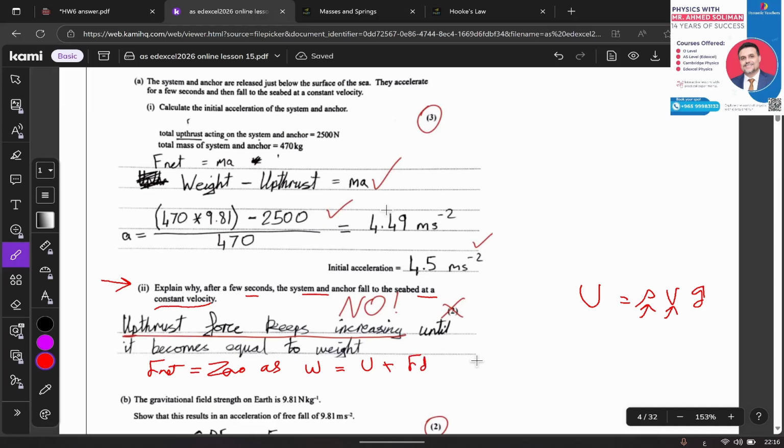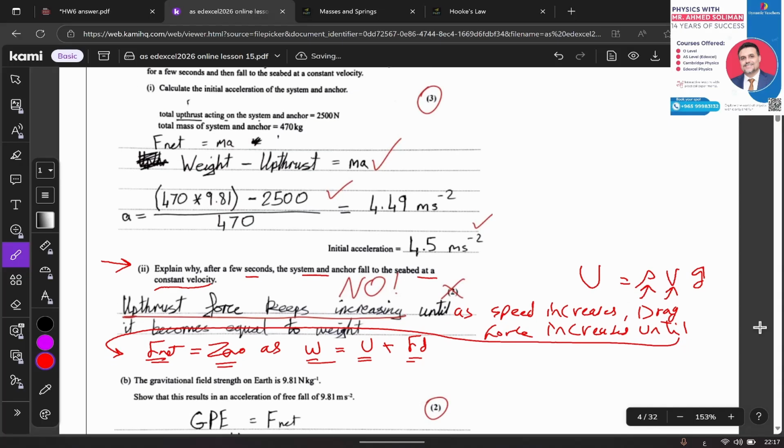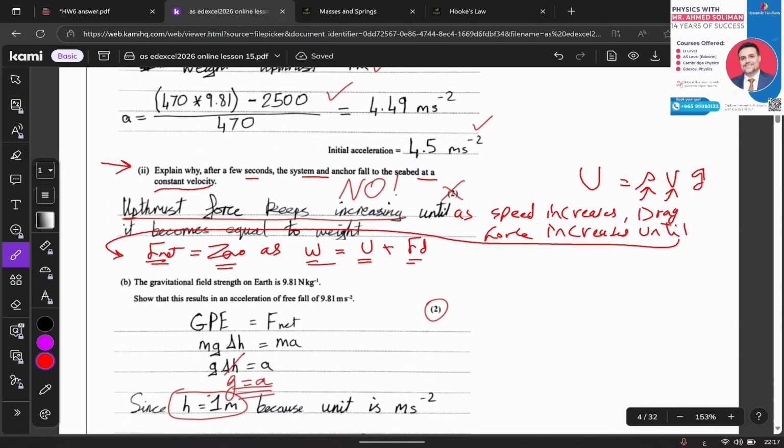Okay, so at terminal velocity, you can start with the speed increases, so the drag force increases until F net equals 0. So W equals U plus F D. Now it reaches its terminal velocity.